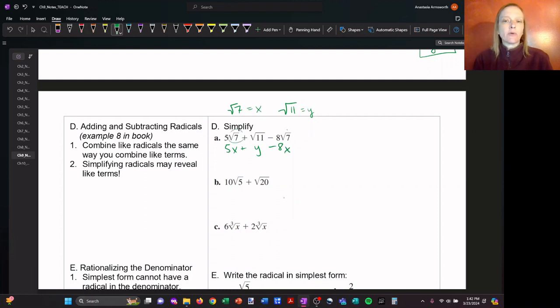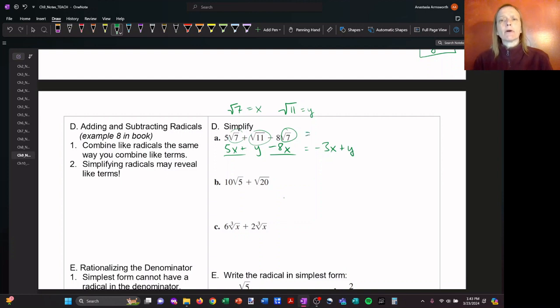I've just replaced my square root of 7's with an x, and I've replaced my square root of 11 with a y. How do I combine this? Well, I look at my like terms. 5 minus 8 is -3. Still attached to my x, needs to keep that same last name. And I just have positive y.